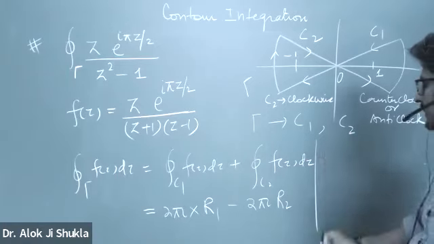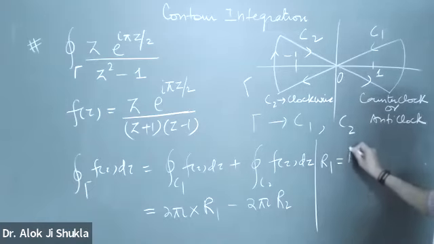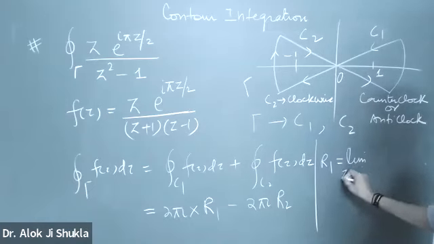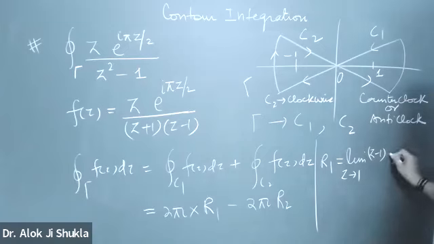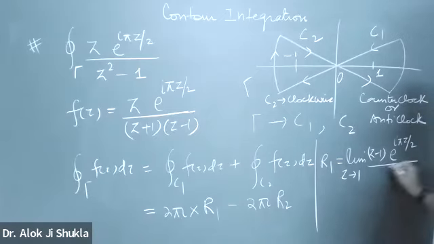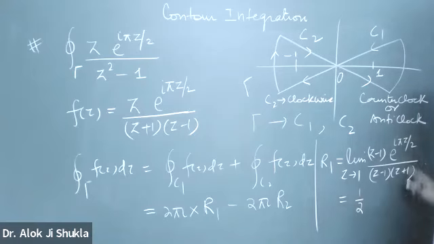So if I calculate the residue R1, that will be given by the limit z tending towards 1 of (z minus 1), because it is a simple pole, times z e to the power I pi z by 2 upon (z minus 1)(z plus 1), and this will be 1 by 2, with z equal to 1.